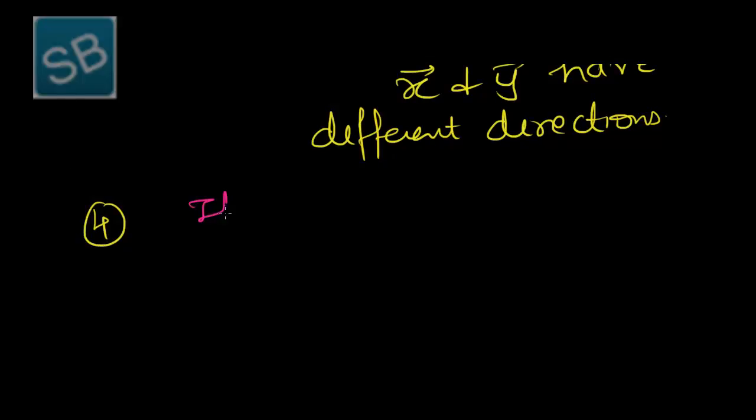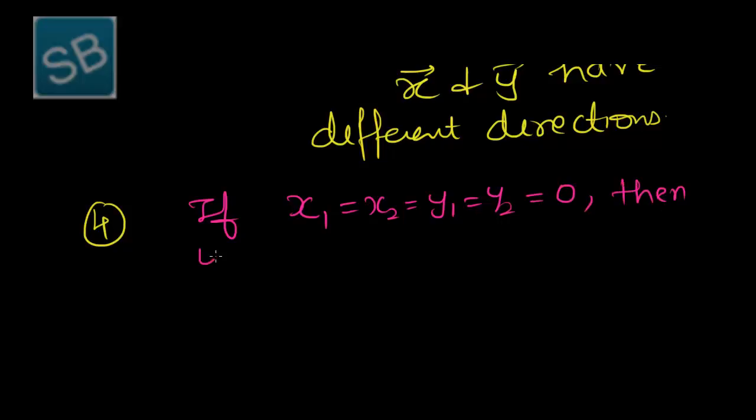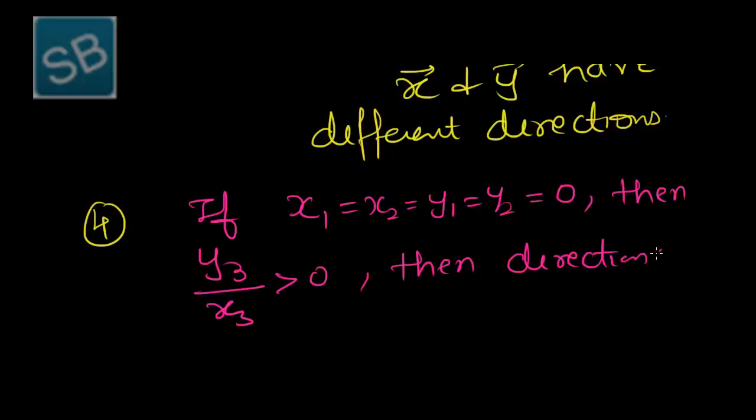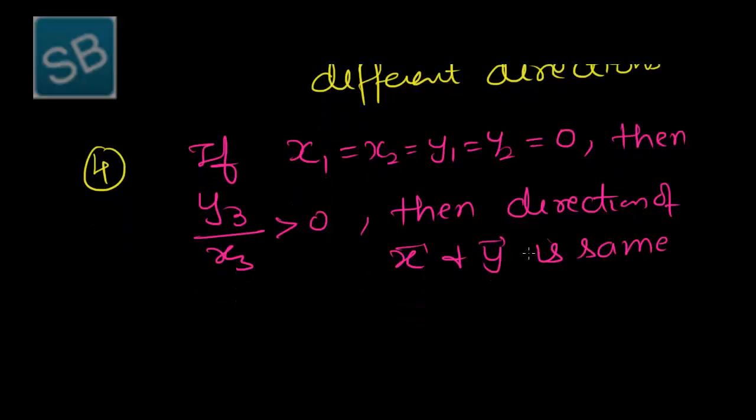If two components are equal to 0, that is x1, x2, y1, y2 are all 0, then for the ratio y3 over x3, that is the third component of the two vectors, if it is greater than 0, then the direction of vectors x and y is the same.